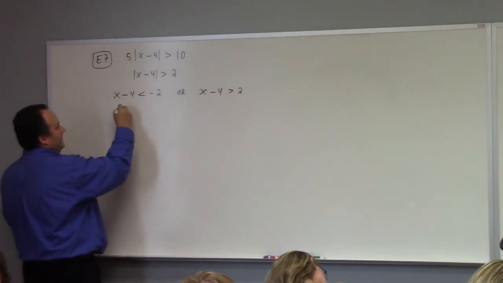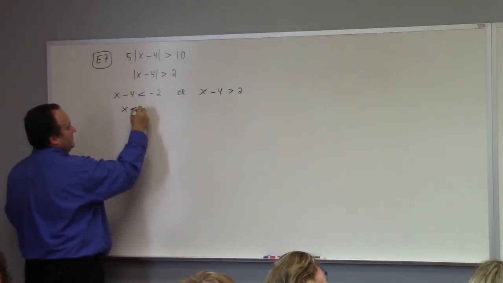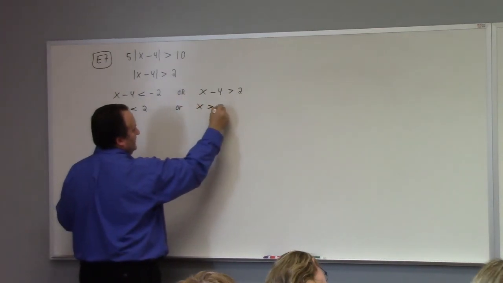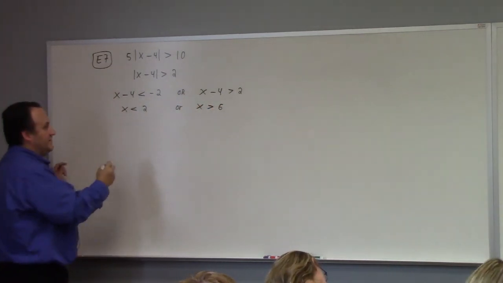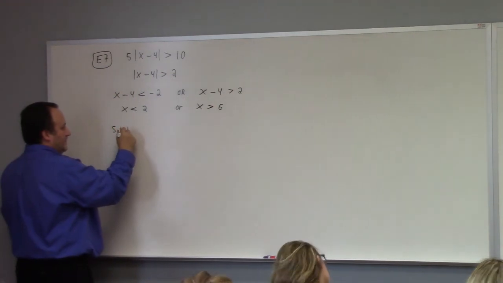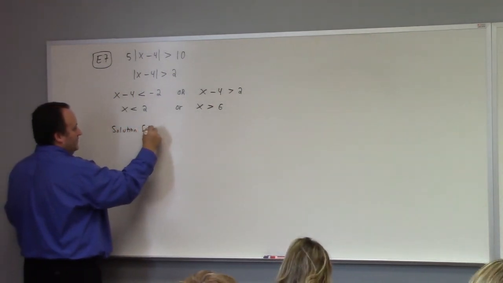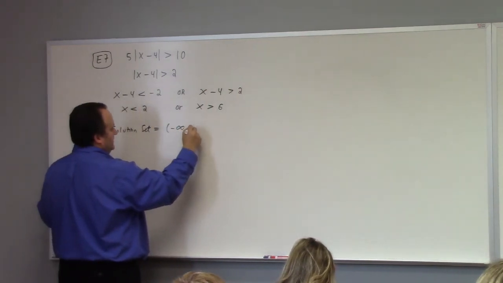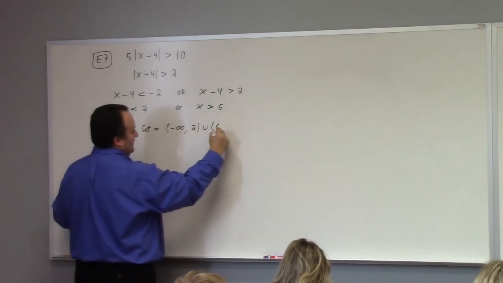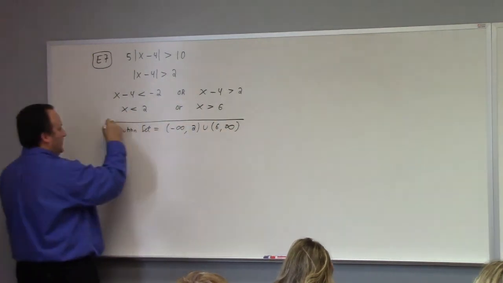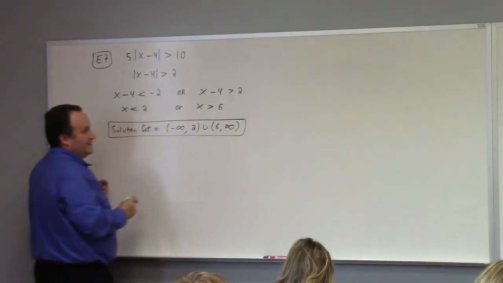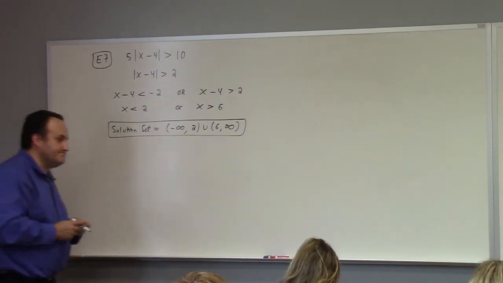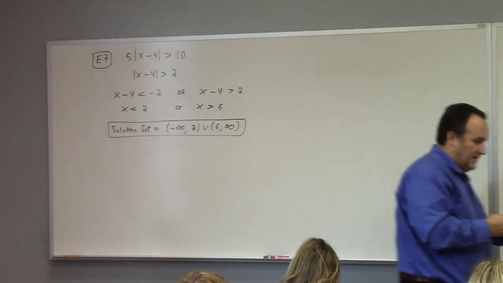And so either x is less than 2, or x is greater than 6. So the solution set in this problem is minus infinity to 2, unioned with 6 to infinity. Just remember, greater than for absolute value is a little bit tricky. Any questions about that?